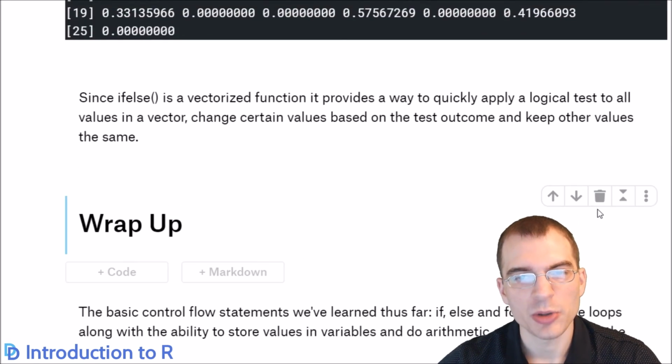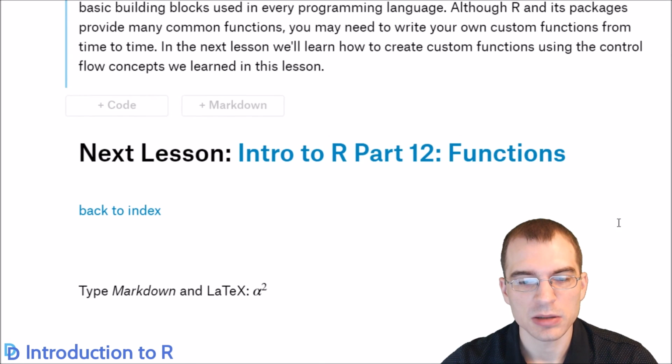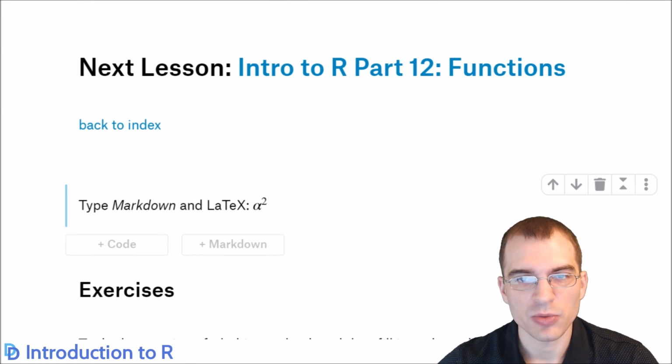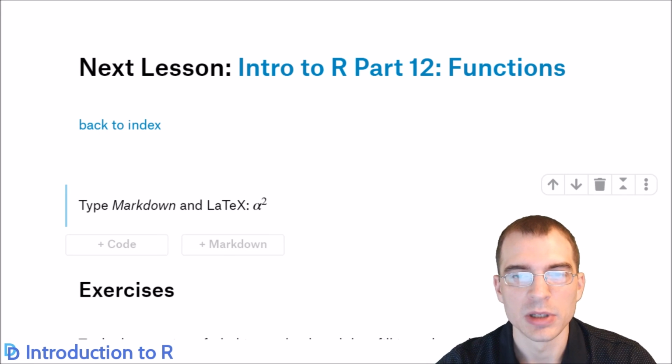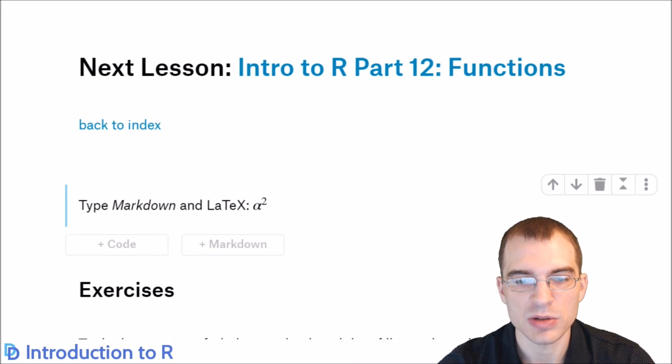So that covers all the basic programming concepts for this lesson. You can essentially write any program just using if-else statements, loops, and storing variables. Those are the core constructs that make up essentially all other computer programs and functions.